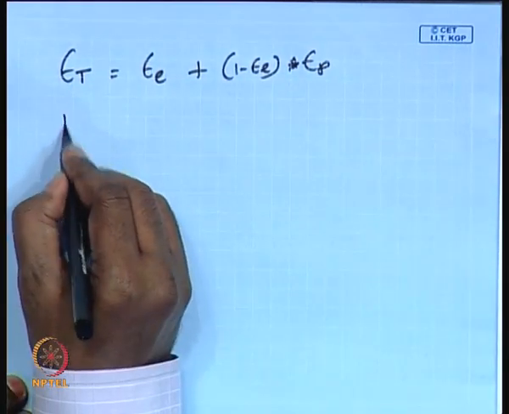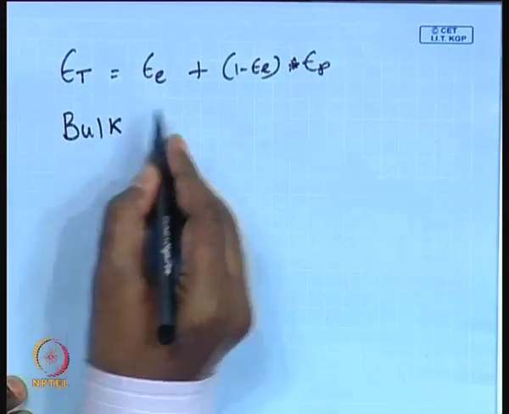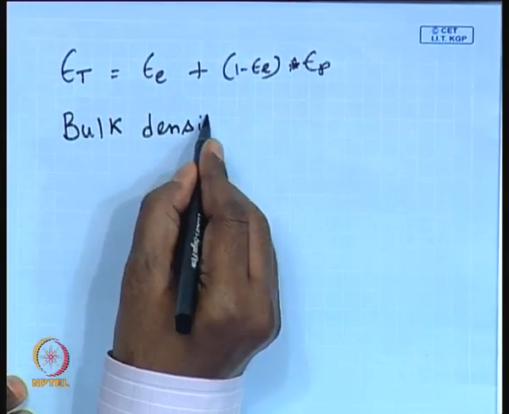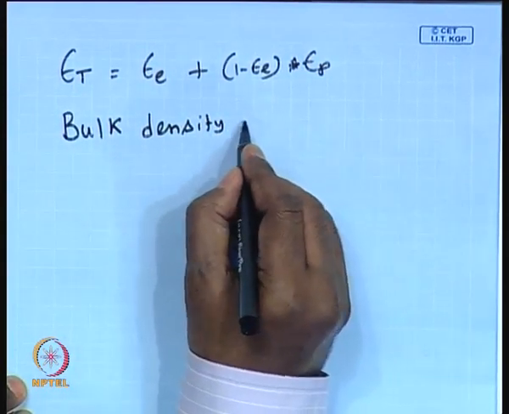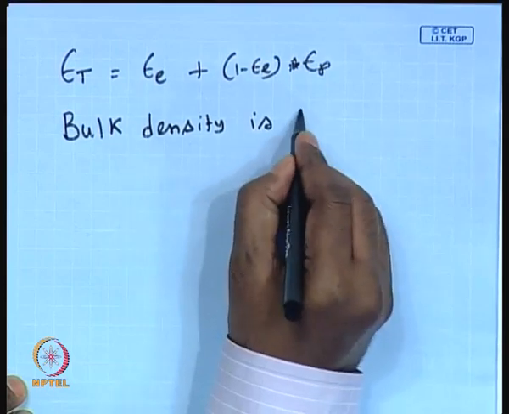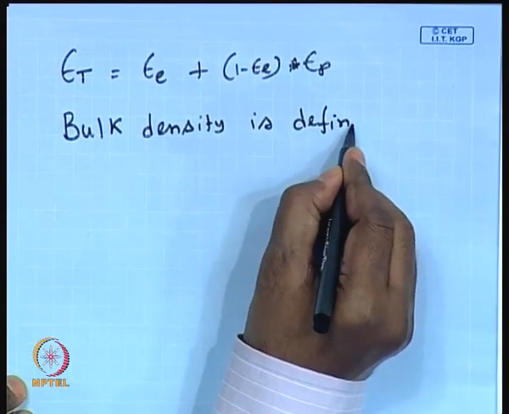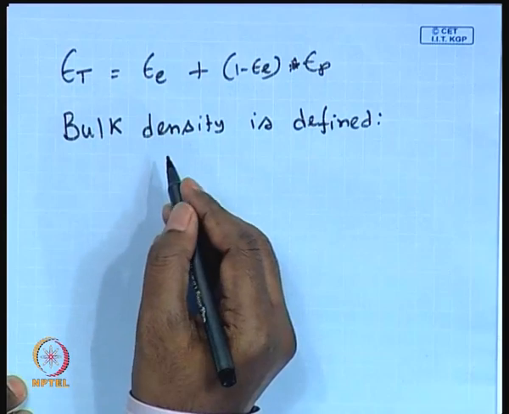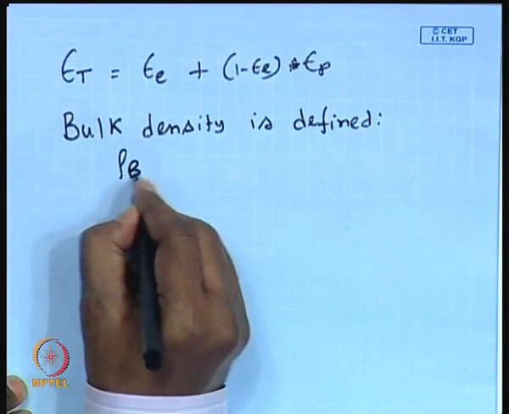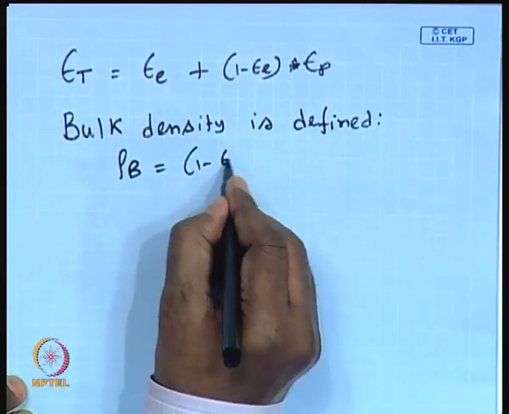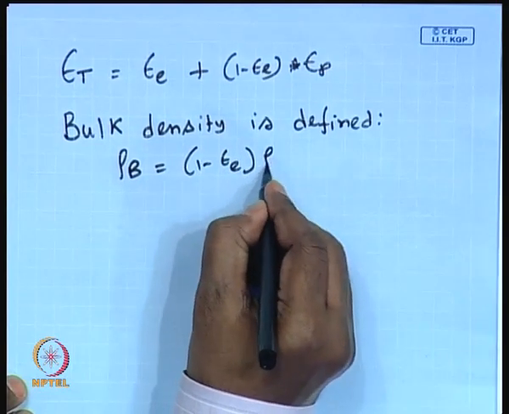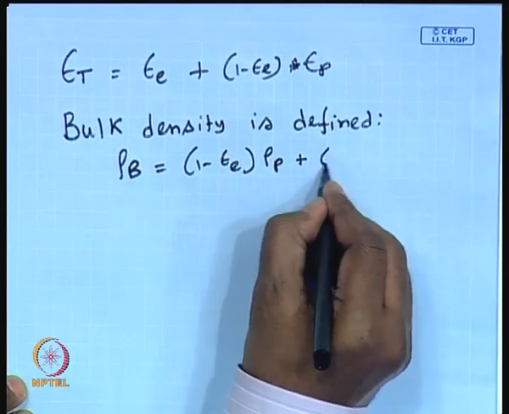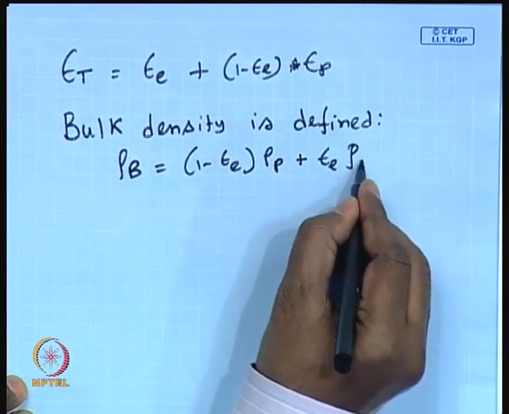So, once you define this, bulk density can be defined. The bulk density is defined as rho bulk is equal to 1 minus epsilon e times rho p plus epsilon e times rho f.